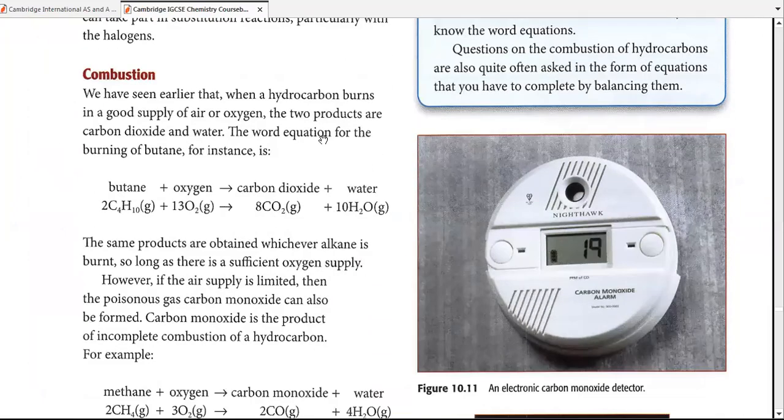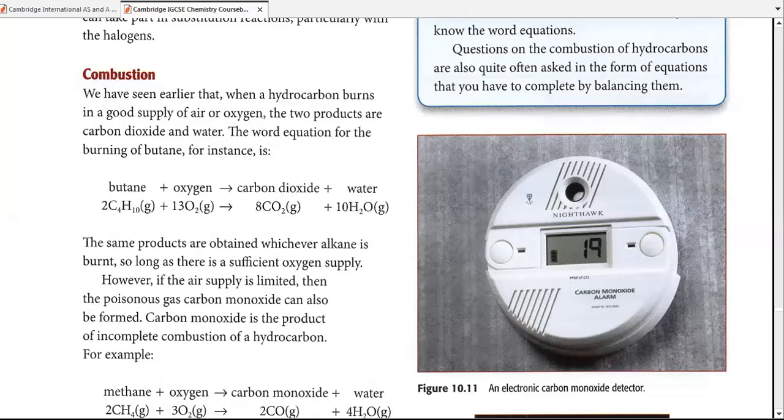But before we move any further with substitution, let's study the combustion or burning of alkanes. Burning of alkanes is also known as combustion. When a hydrocarbon burns in a good supply of air or oxygen, the two products, carbon dioxide and water, are produced. The word equation for butane would be something like this. You have seen the equation of methane and ethane as the previous examples in the book.